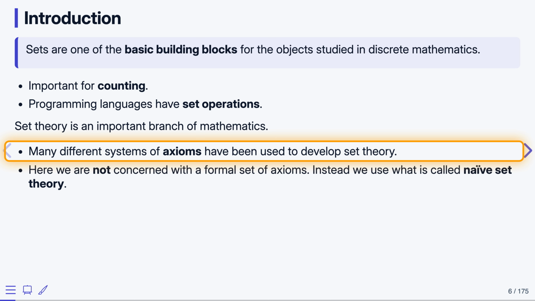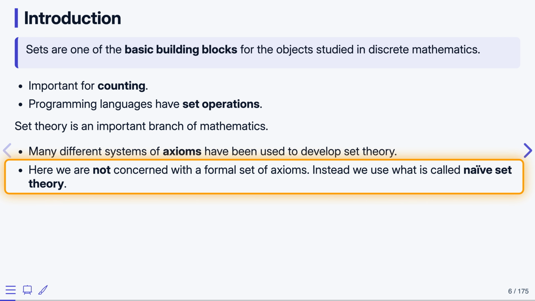Set theory is a big branch of mathematics on its own. Mathematicians build it from formal starting rules called axioms, and several different systems of them exist. In this course, we do not worry about a formal list of axioms. We use naive set theory, which relies on our natural idea of a collection of objects.